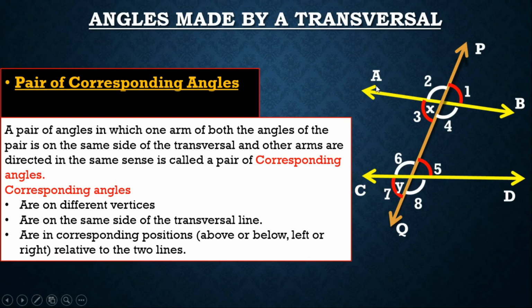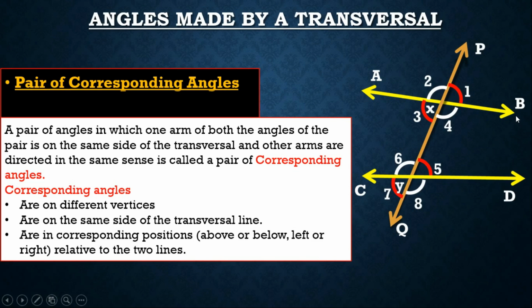In a similar way, angle AXY and angle CYQ have arms AX and CY lying on one side of the transversal, and arms XY and YQ going in the downward direction, and hence angle 3 and angle 7 are one pair of corresponding angles.